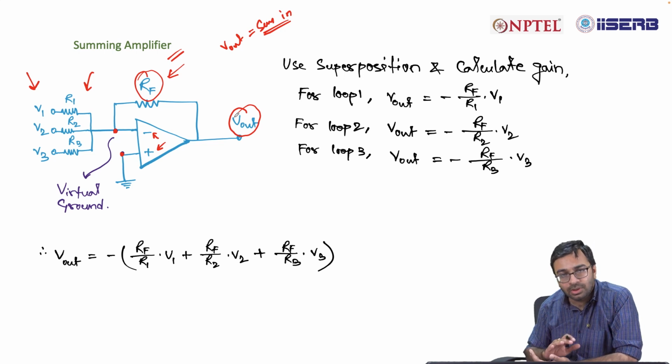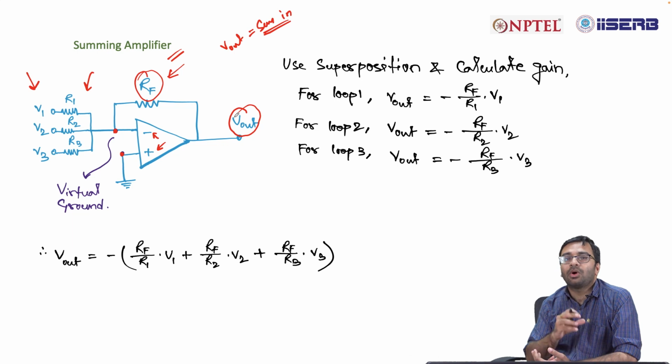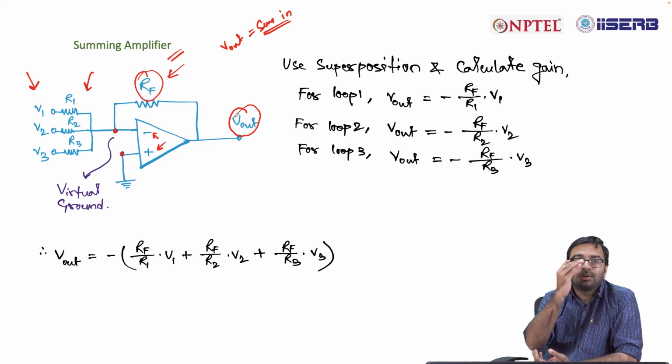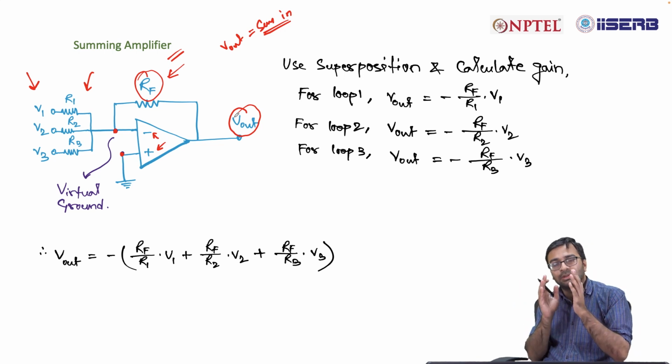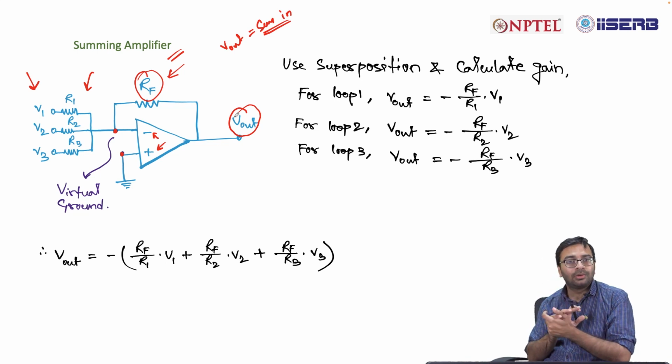Now, in the superposition theorem, if there are multiple sources, we consider one source at a time, we ignore the other sources, and then once all sources have been considered, we add all these individual contributions in order to get the total output.